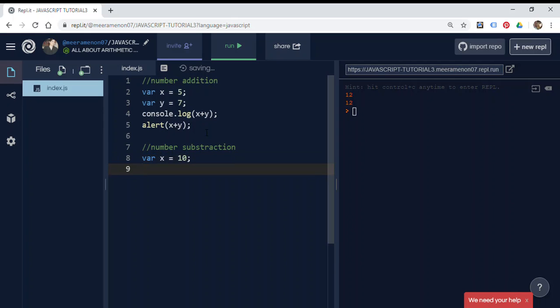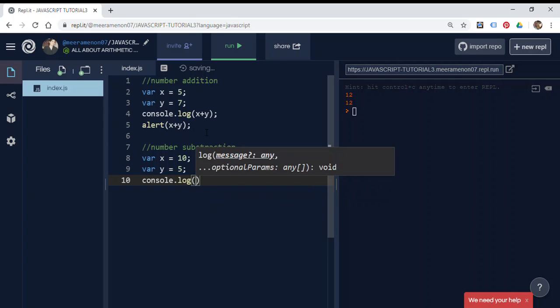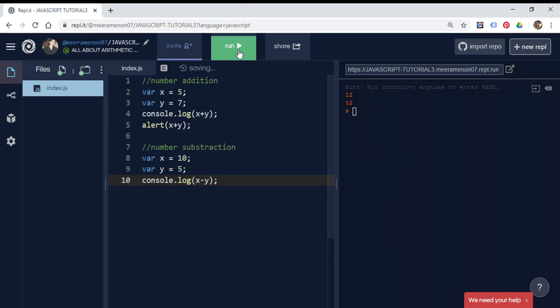We take another variable y, give it a value of 5. Console.log x minus y. Let's run it. It's 5 as expected.